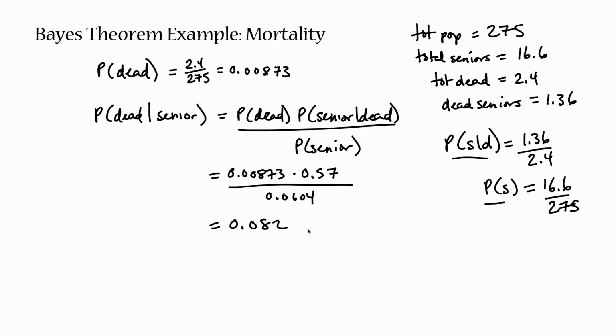So about 8% of senior citizens die every year, if it's the year 2000 in America.